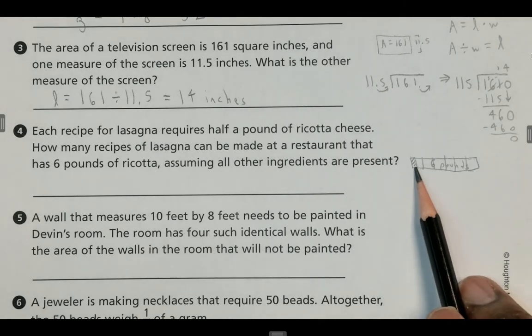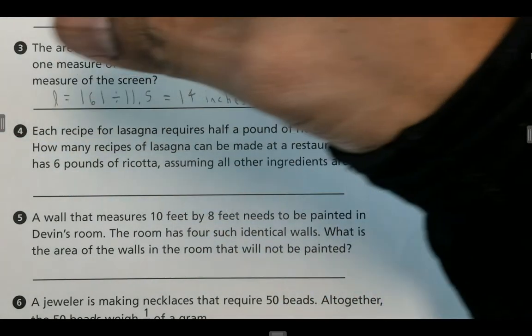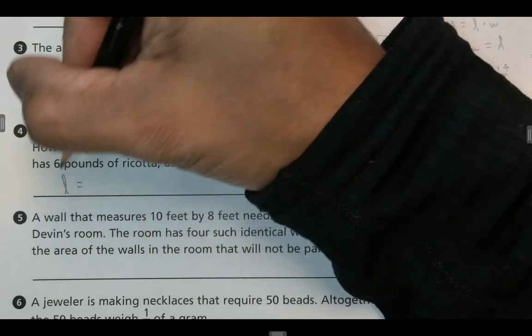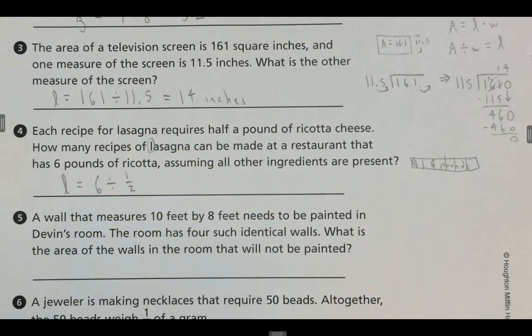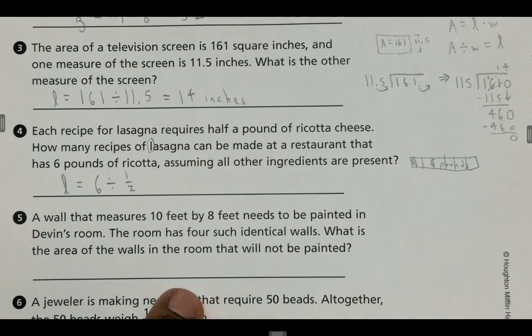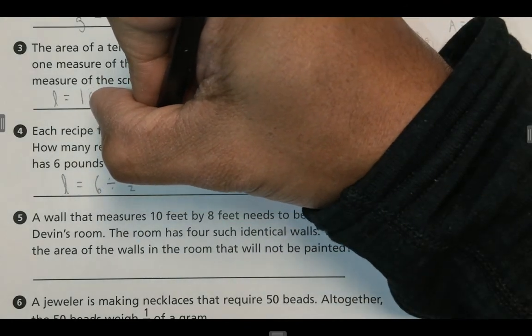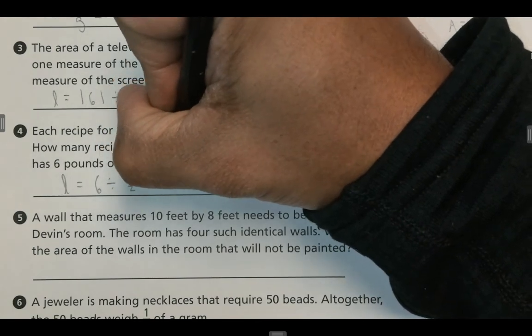Well, how many times does a half go into 6? Or what's 6 divided by a half? I'm going to use L for lasagna. 6 divided by a half. Now, you might know that as mental math, but think back to when we worked with multiplying and dividing fractions. I can write the whole number 6 as itself over 1.